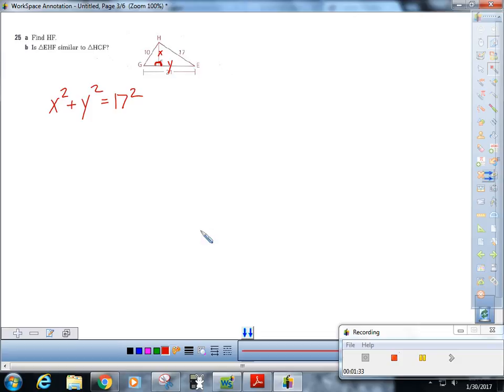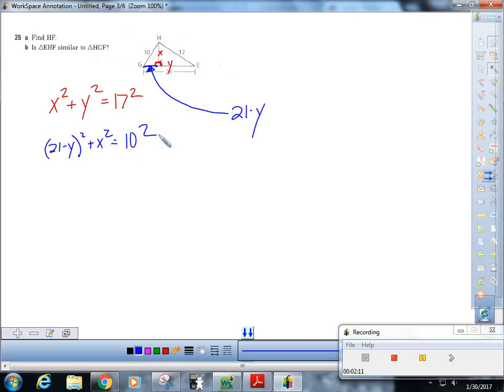Well, if I call that y, now I've got to come up with another equation, correct? So what would I call GF, that little segment right here that I've just pointed an arrow to? Indeed, I would call that 21 minus y. So what would be another equation that I could set up? 21 minus y squared plus x squared equals 10 squared.